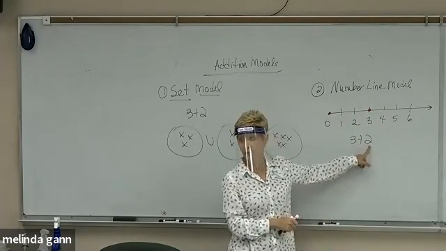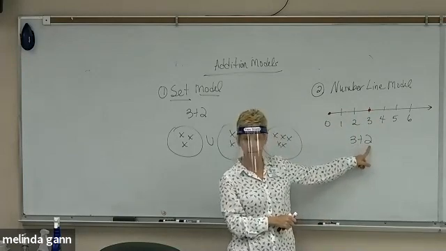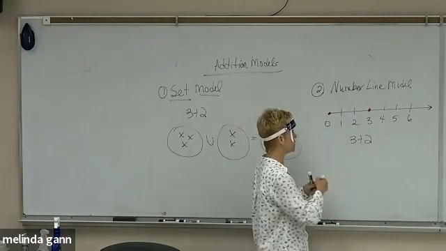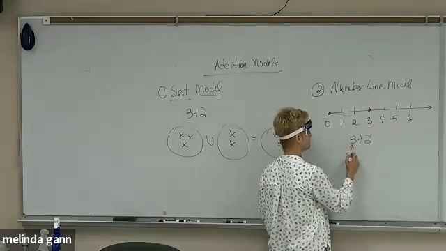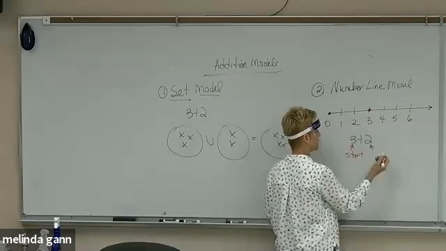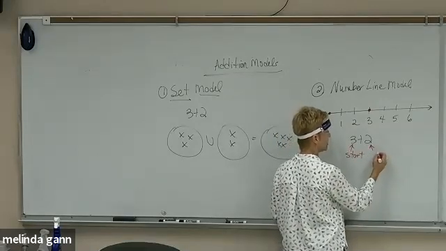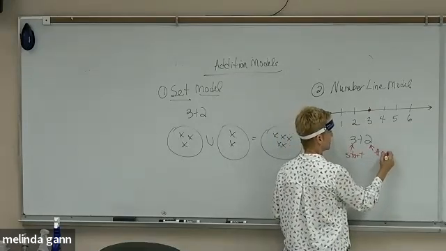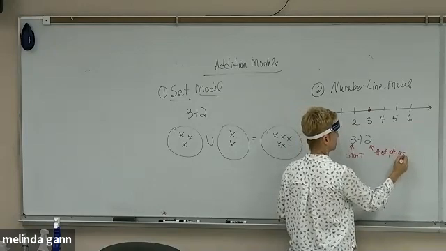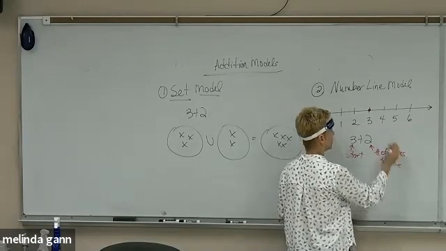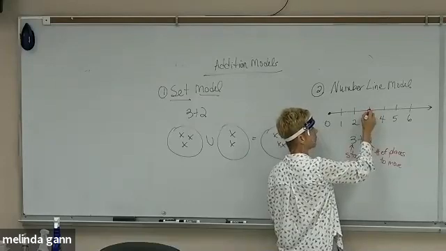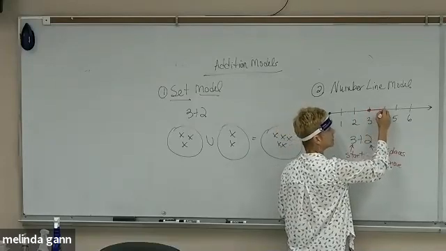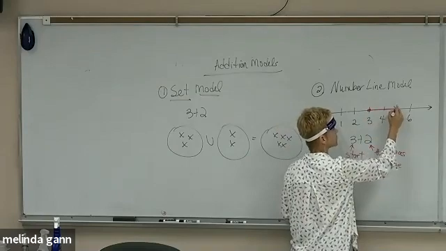This second number tells you how many moves to make. So this first number tells you where to start, and this second number tells you how many places to move. So they're sitting there on their car and they go to the right, how many? 2 spaces, and that's where they stop.